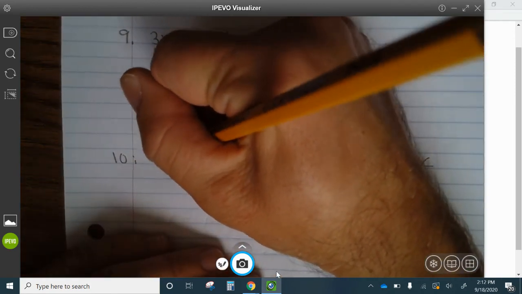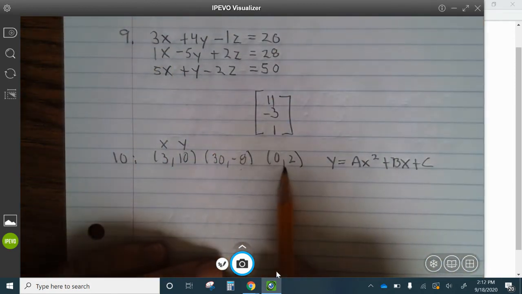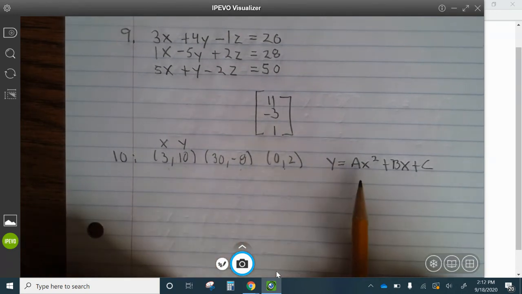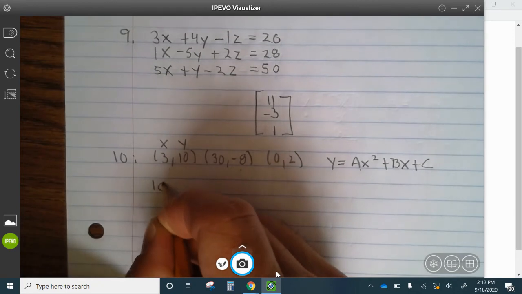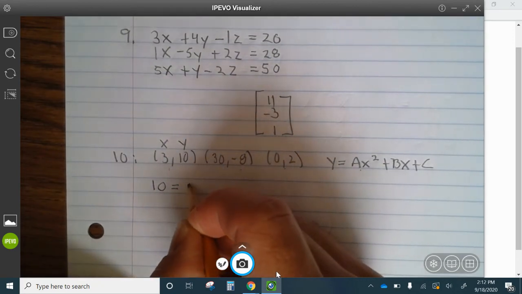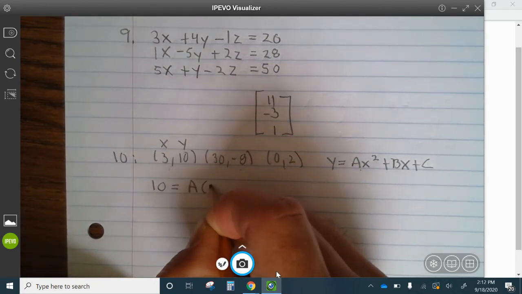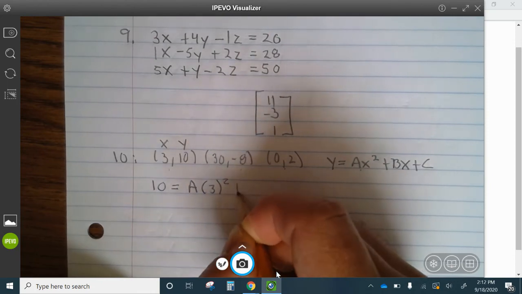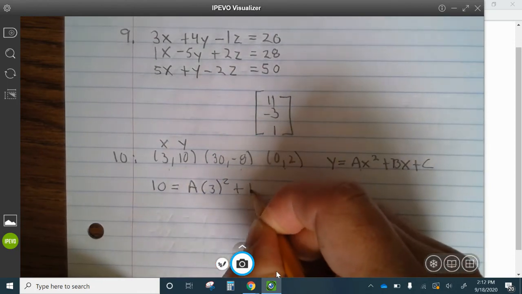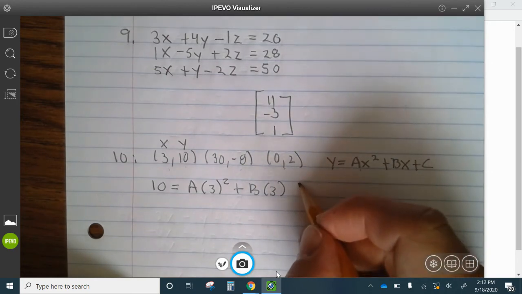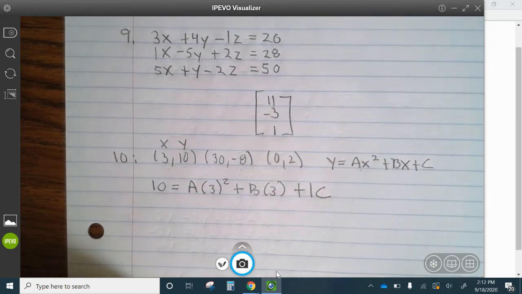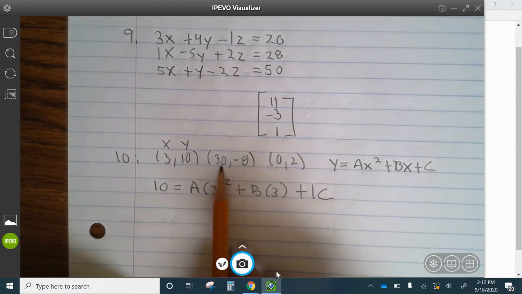Now we do that here. So that's 30. Oh, no, I'm sorry, that's negative 8 equals a times 30 squared plus b times 30 plus 1c. And then that's 0. Oh, no, I'm sorry, that's 2 equals a times 0 squared plus b times 0 plus 1c.